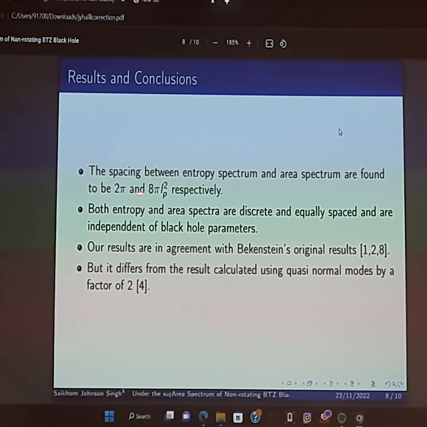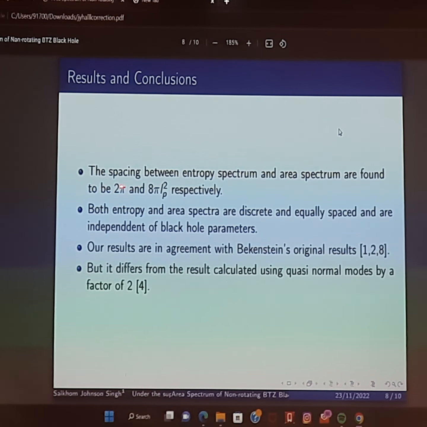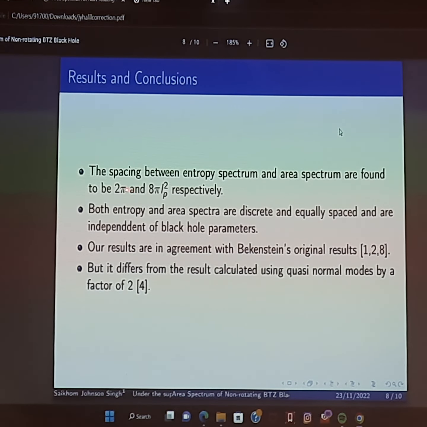From this result, we know that both the entropy spectrum and the area spectrum are discrete and equally spaced, that is, quantized. It is also known that the spacing of the entropy spectrum and the area spectrum is independent of black hole parameters.